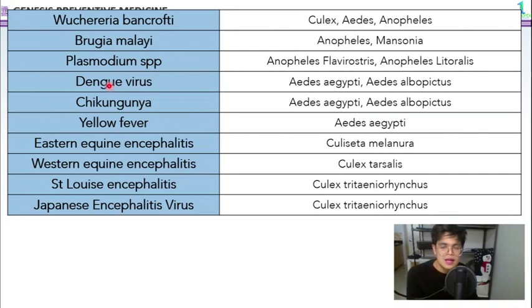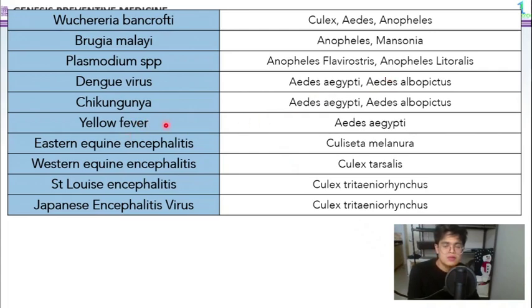Okay? Dengue virus, chikungunya, yellow fever, viral diseases. Dengue virus and chikungunya are very similar clinically, as well as Zika virus, although Zika virus has been notorious for some congenital diseases. They are both being transmitted by Aedes aegypti and Aedes albopictus.